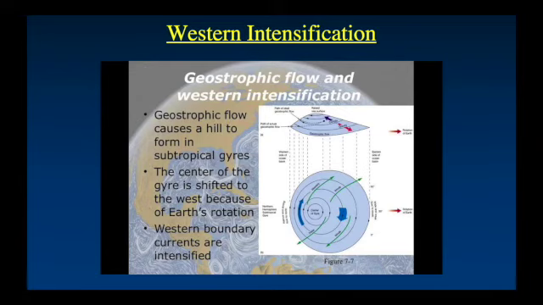So the term is Western intensification. Western intensification is actually shifting the center of the gyre slightly to the west. If you imagine this is the North Pacific Ocean, you can see the center of the gyre, in theory should be in the middle, but actually in reality, it is shifted to the west.